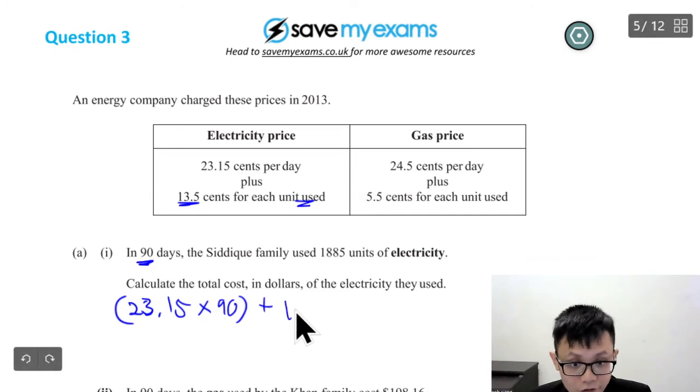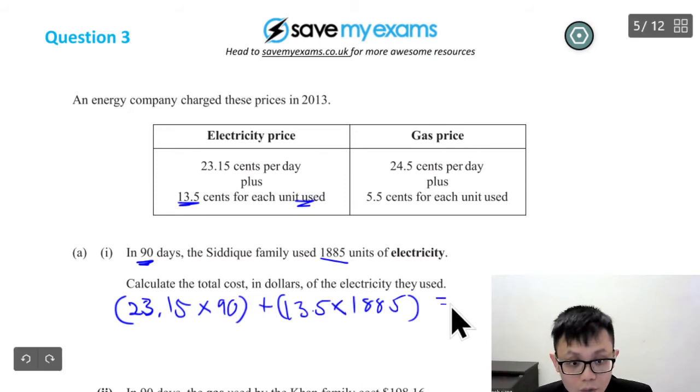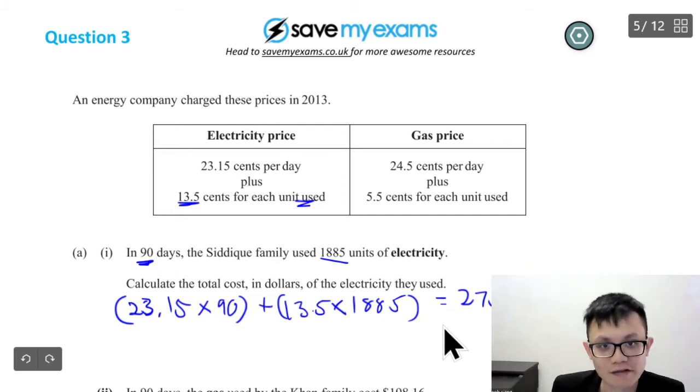So 13.5 times how many units? 1885. So the answer you will get is around 27531.